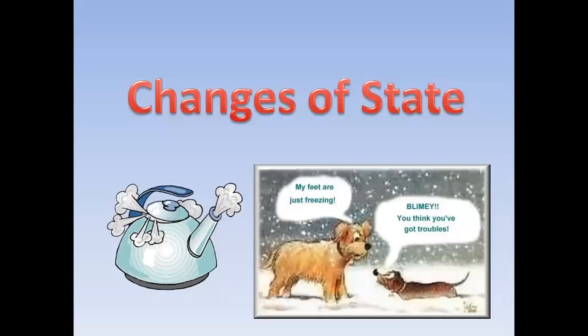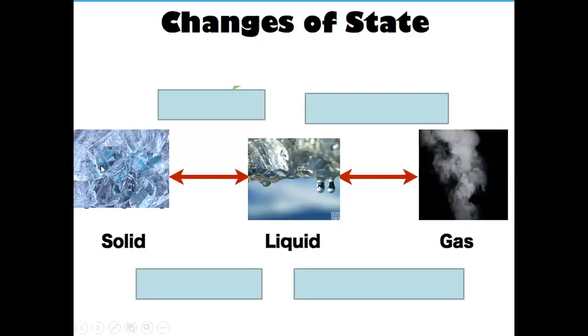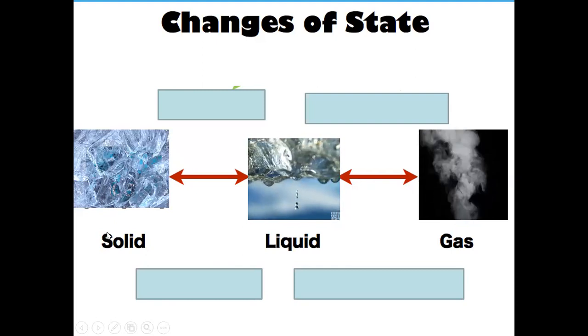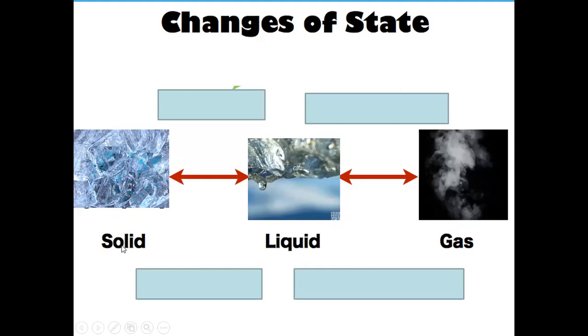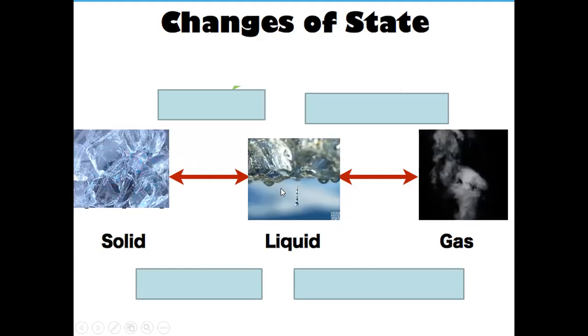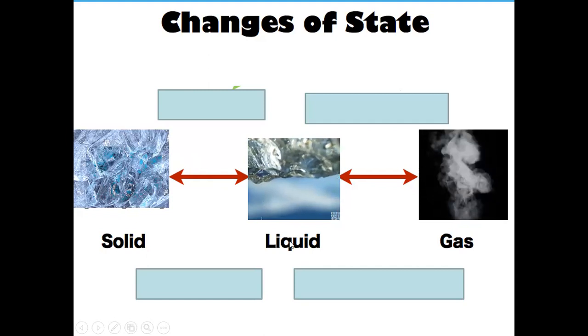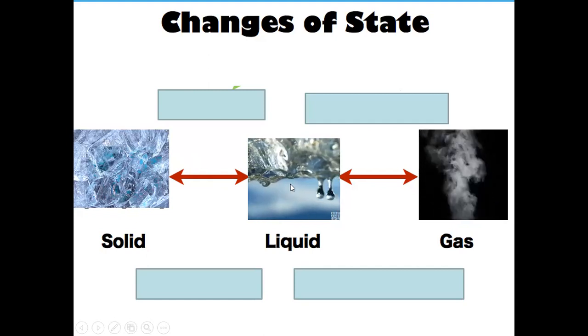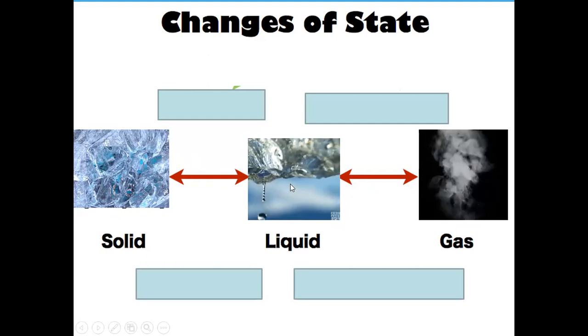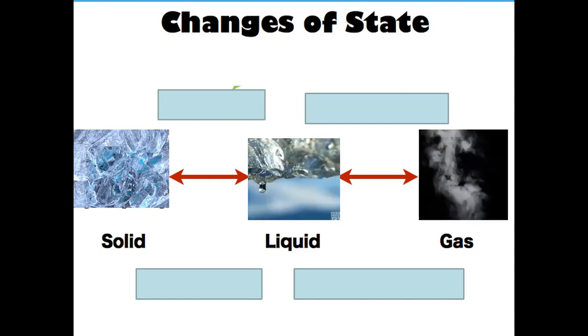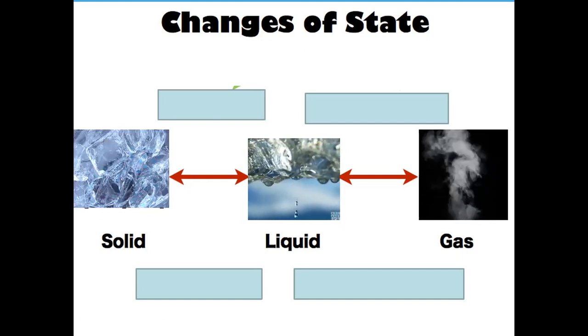Okay, let's now talk about the changes of the states of matter. Here we have an example with ice. This is ice, which is in the solid state. After that it can become water, which is a liquid, and then when we put this water on the cooker, it will become steam or water vapor, which is a gas.